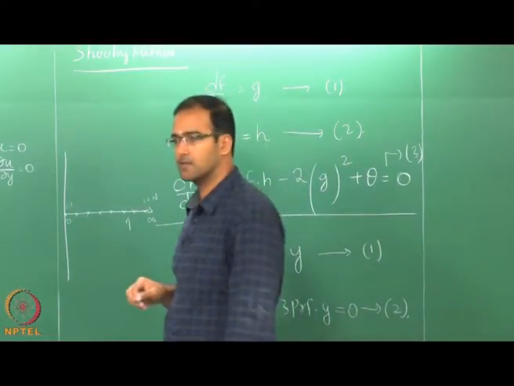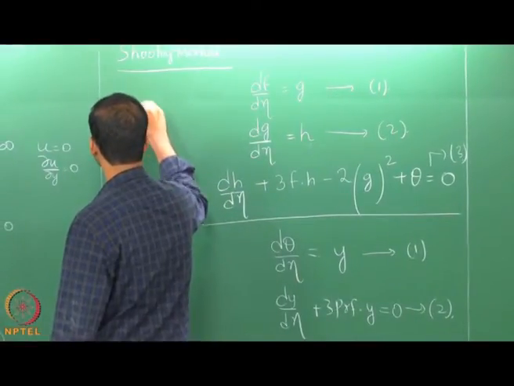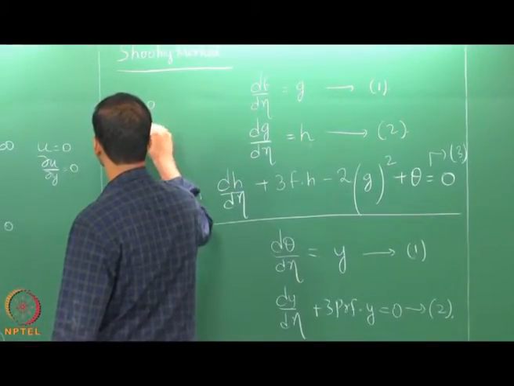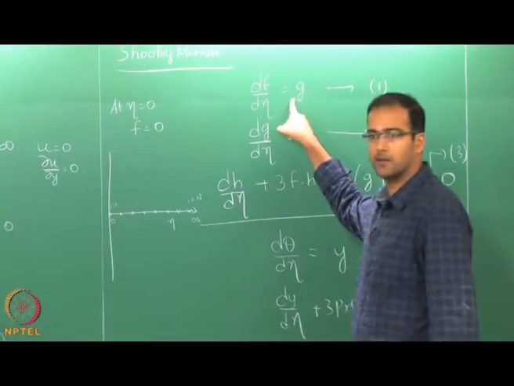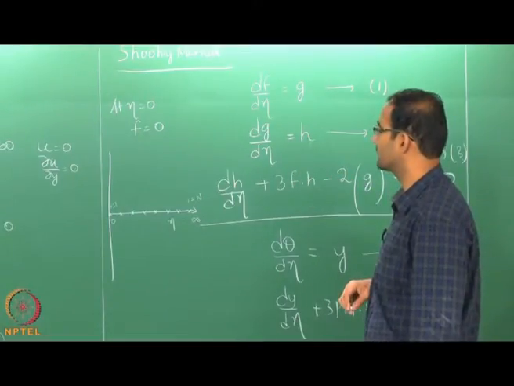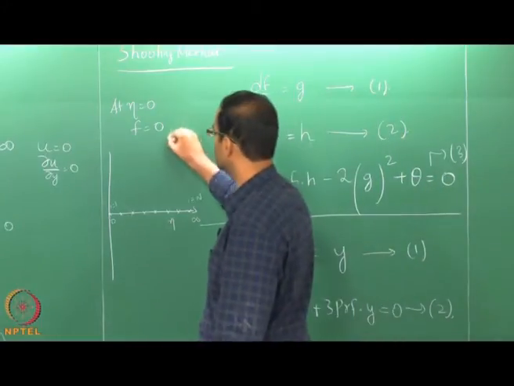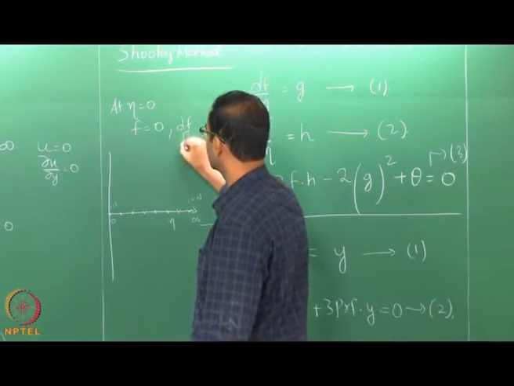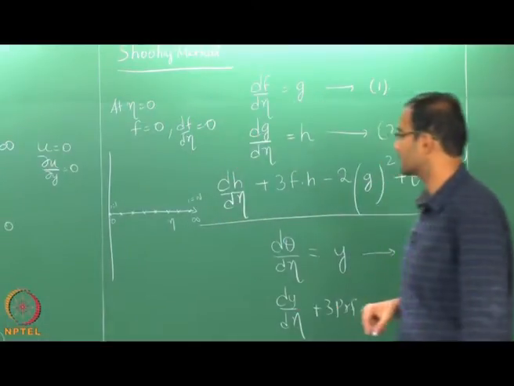As far as f is concerned, at eta equal to 0 we have f equal to 0, which is known. Therefore, the first equation can be solved straight away. What about df by d eta? Df by d eta is also known, so this second equation also can be solved.